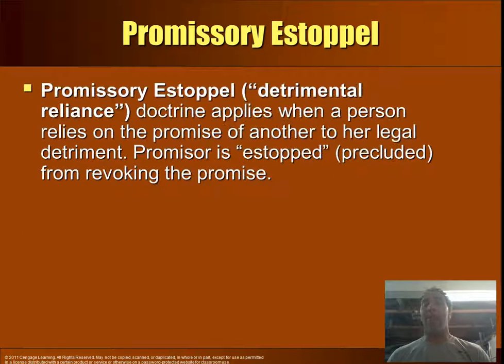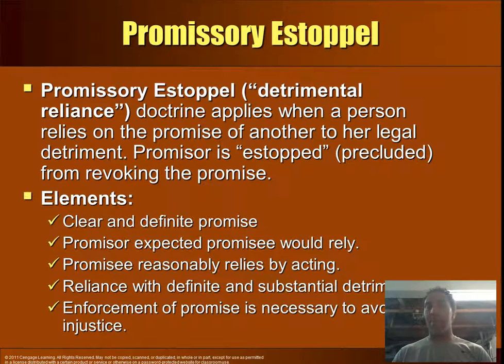So promissory estoppel, along those same lines, detrimental reliance. The doctrine applies when a person relies on the promise of another to her legal detriment, right? Like, say, what if you have to go to dialysis or something like that, and the place closes? The promisor is stopped or precluded from revoking the promise.